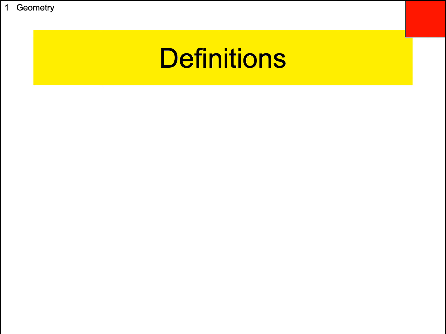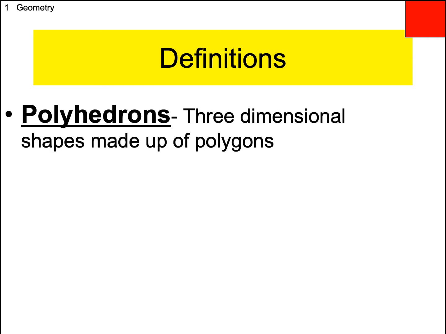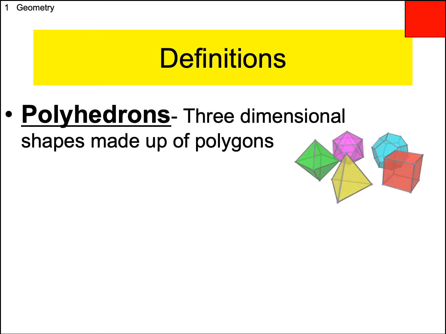So lots of definitions today. All right, the first one, hopefully you've heard this before, polyhedron. We had polygons, right? Shapes made up of segments joined at their endpoints. Well, this is polyhedron. So this is what applies to 3-dimensional shapes. So 3-dimensional shapes that are made up of polygons. So polygons, triangles, squares, rectangles, pentagons, hexagons, octagons.